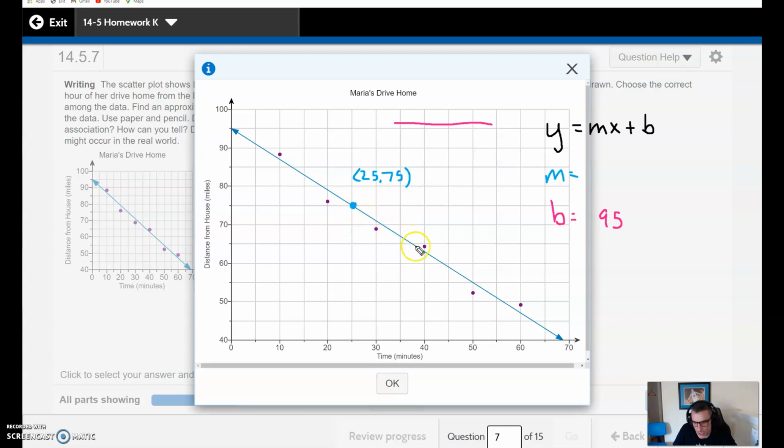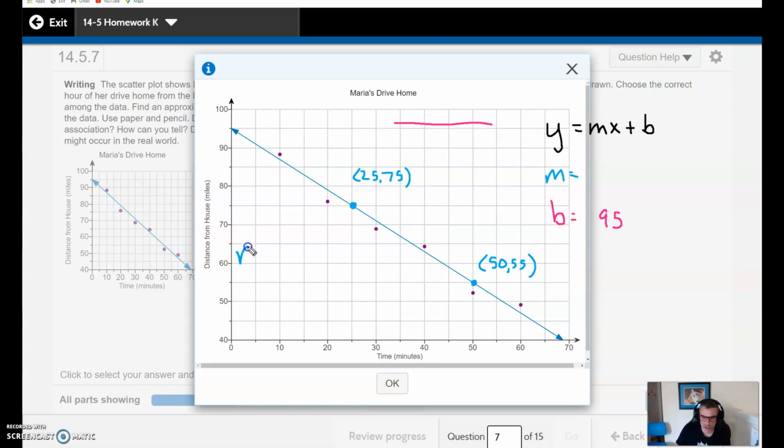Then I'm going to keep moving down. Remember, I always need a starting point and an ending point when I'm finding slope. And there's another one, 50, 55. Now I have a starting point and an ending point, and I could use the 2 coordinates and the slope formula, just like I did on the previous problem, or I can make a slope triangle.